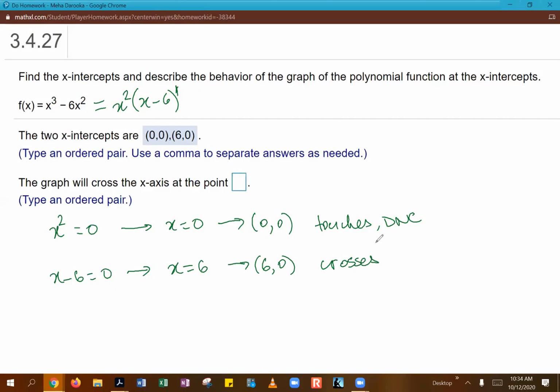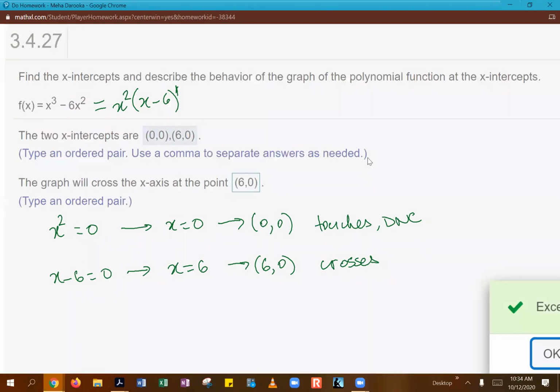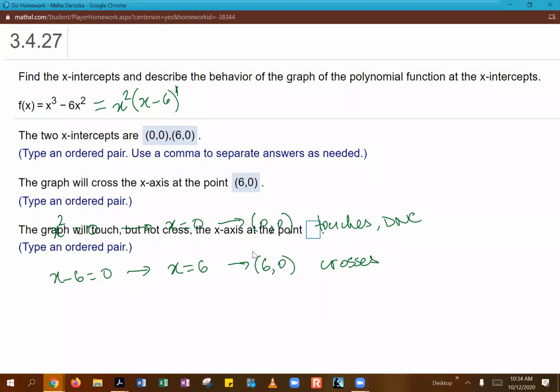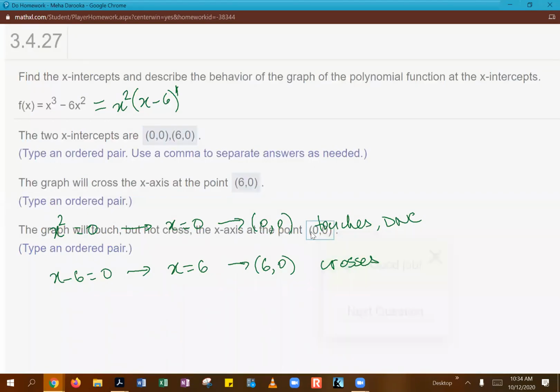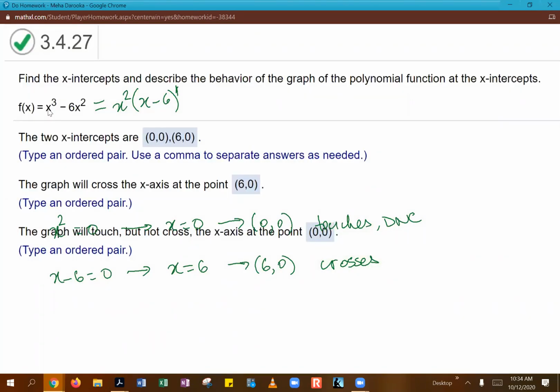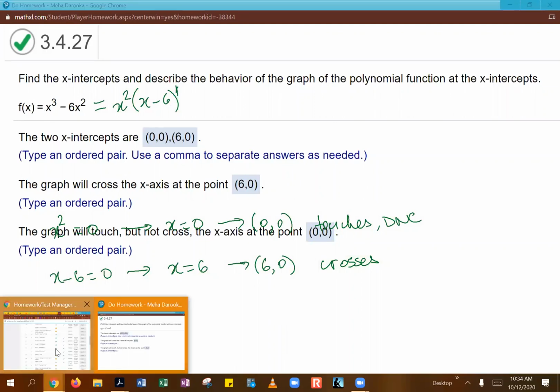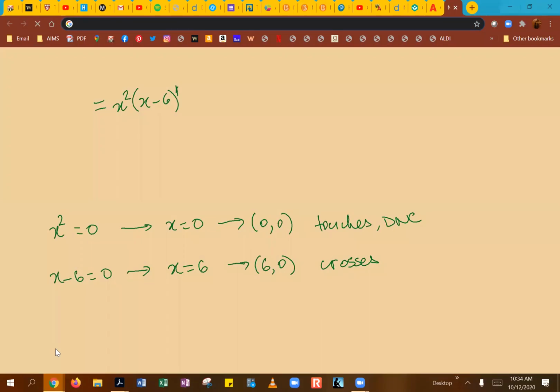Okay, and then I think they're gonna again ask us the same questions. So it crosses 6, 0. Okay, and touches but does not cross at the origin, which would be 0, 0. And let me actually very quickly show you the graph for this. So this is x to the third minus 6x squared.